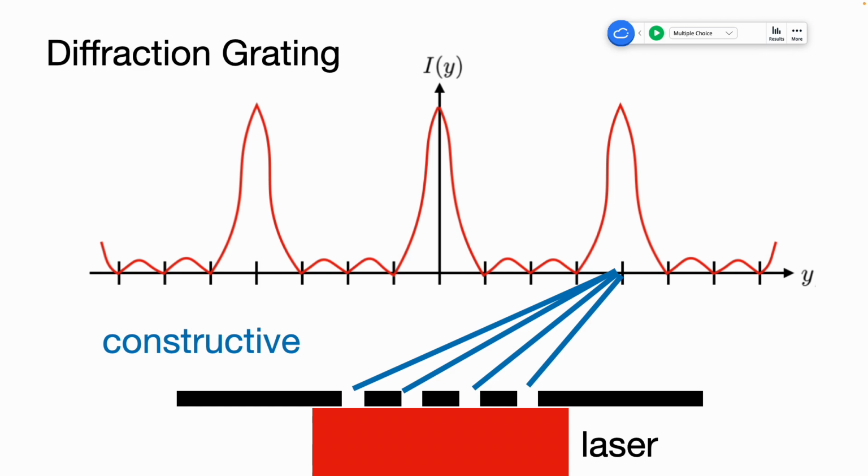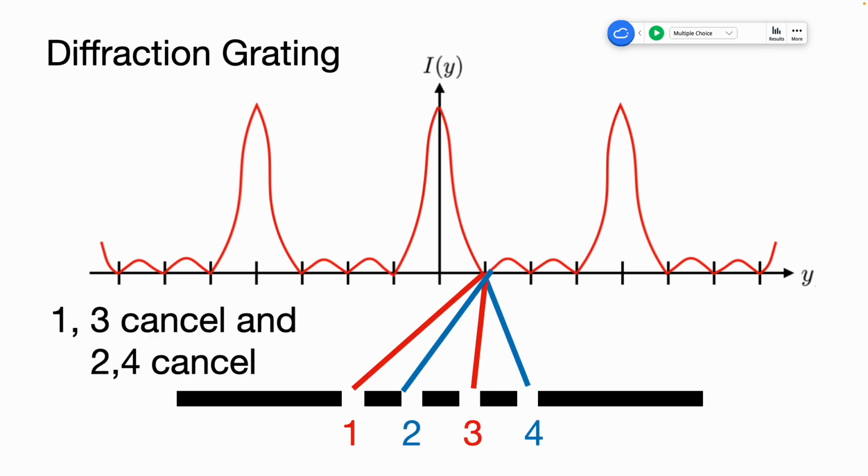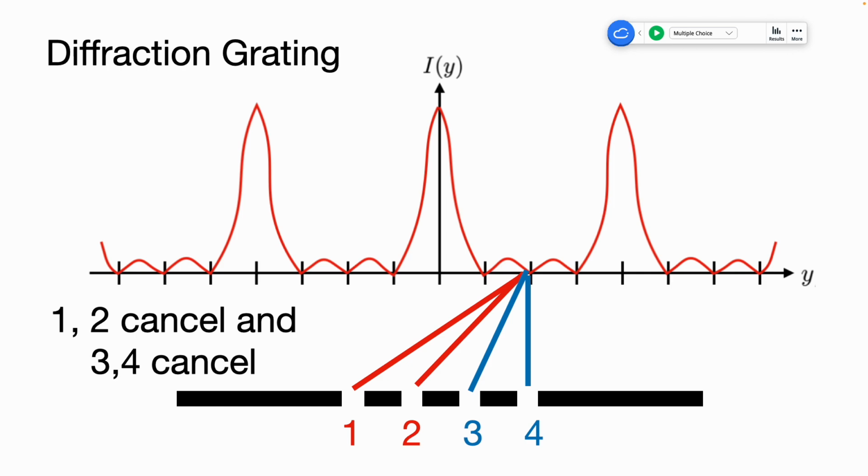But what happens in between? If you have multiple slits, you can have different kinds of combinations. You can have a scenario where 1 and 3 cancel as a pair, and 2 and 4 form a pair and cancel each other. There are more options. Instead of 1-3 and 2-4, you can form 1-2 as a pair, and let 1 and 2 cancel, and 3 and 4 cancel.